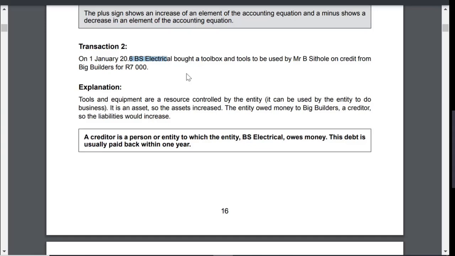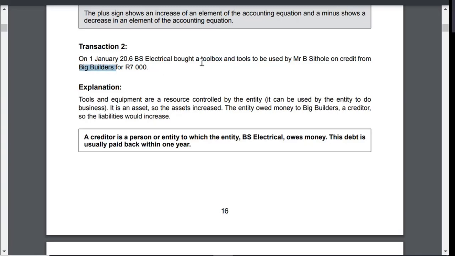The asset will increase, because there is additional asset coming into the business. So we already know that toolbox and tools is an asset, and the asset is increasing.